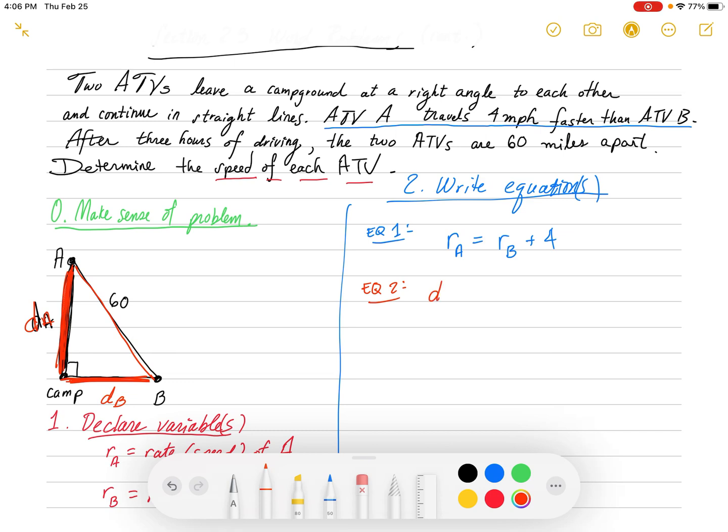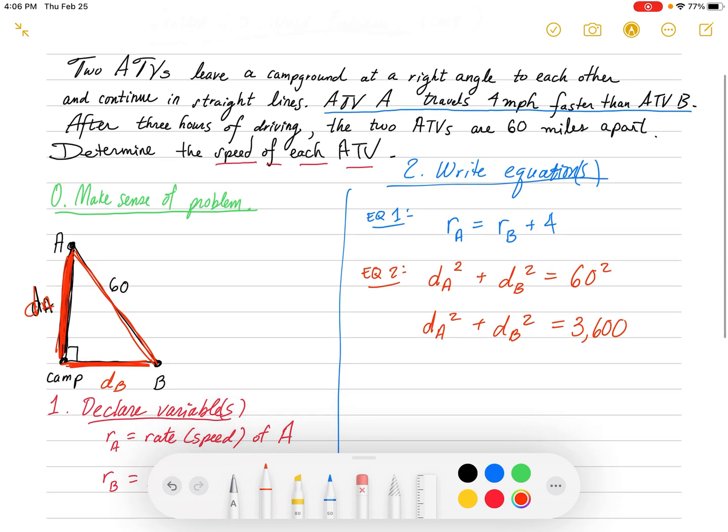The Pythagorean Theorem says that the distance of A squared plus the distance of B squared equals the hypotenuse squared. So the distance of A squared plus the distance of B squared equals 3,600.